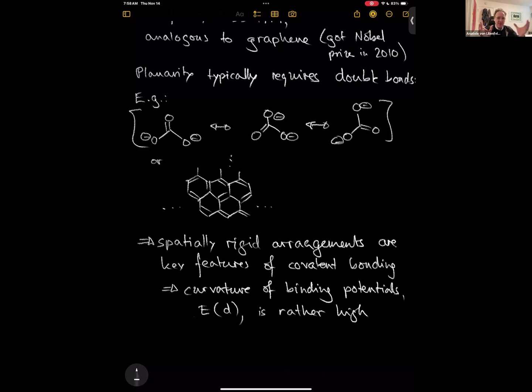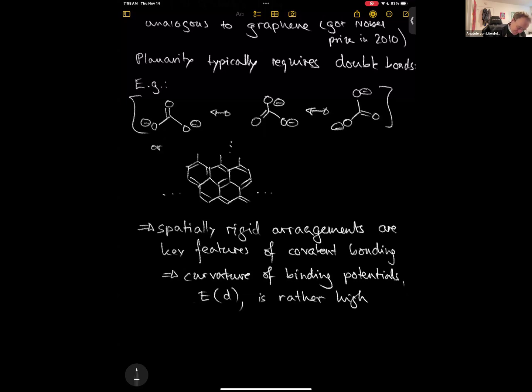That also applies to angular distortions, right? So these are rather rigid geometries, which means these atoms are not like billiard balls that can rearrange in no matter which way, but you really have to overcome rather high barriers, energy barriers, to change from one geometry to the other.